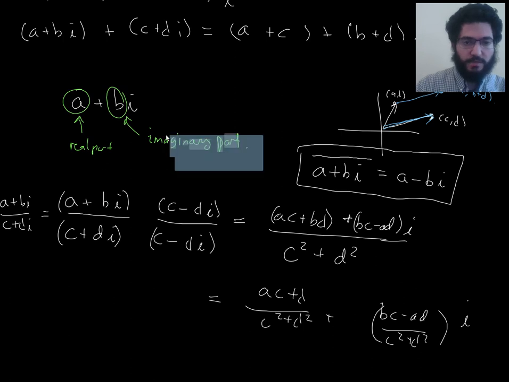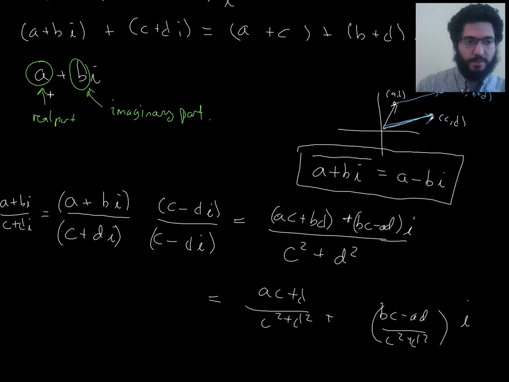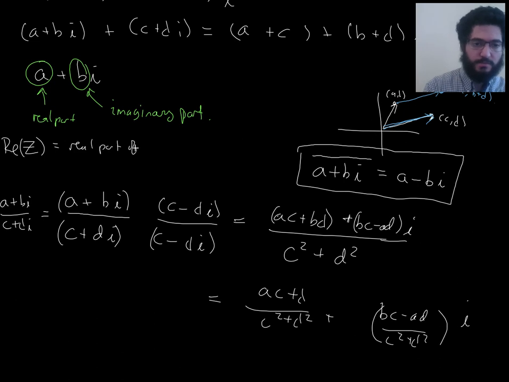By the way, there's some notation for what I'm describing here, real part and imaginary part. If you have a complex number like z, we often use the variable z, we write Re, capital R, lowercase e, z, to represent the real part of z. And we write Im, capital I, lowercase m, z, to represent the imaginary part.